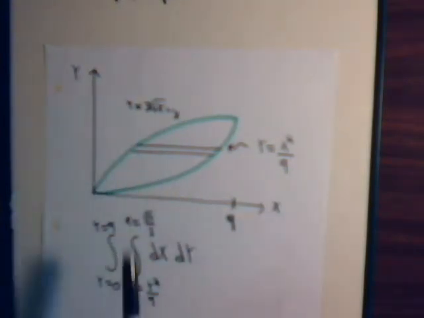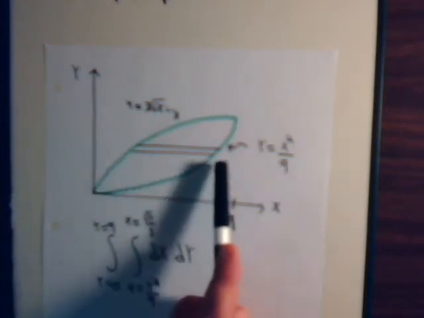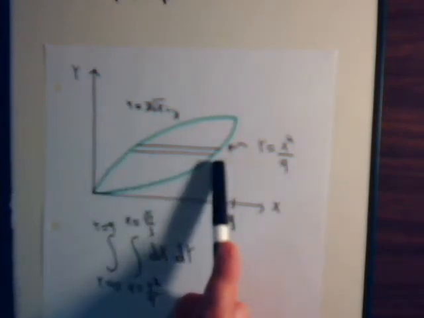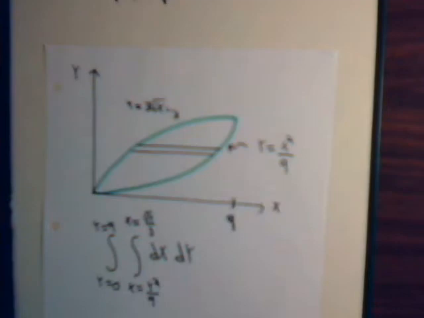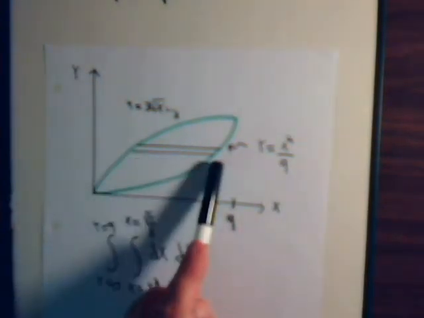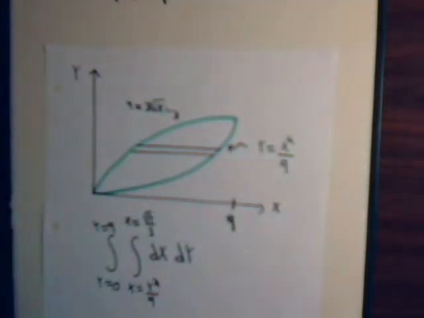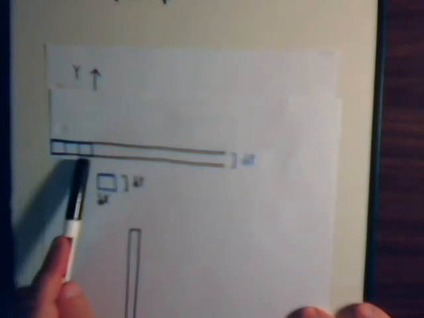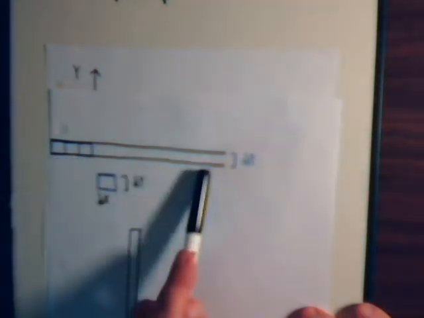So we're going from x equals y squared over 9 to this curve, where x equals the square root of y over 3, summing all these differential rectangles in the x direction.